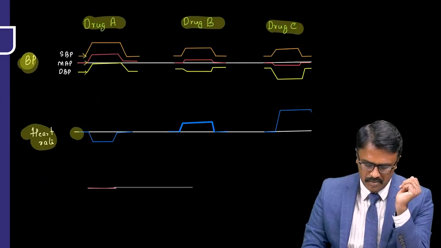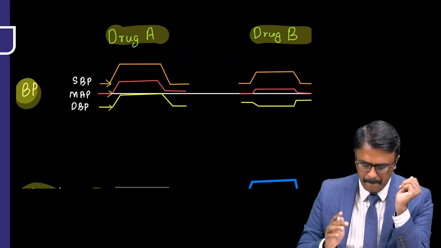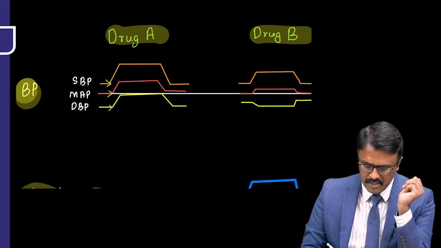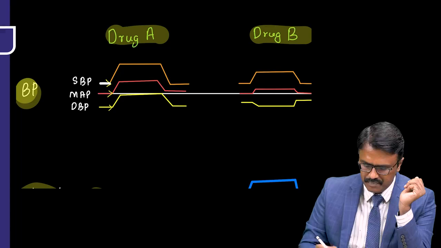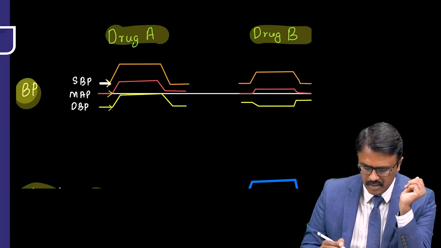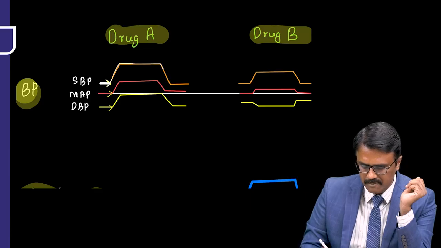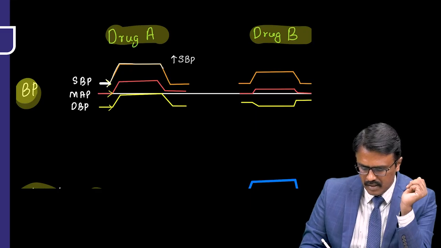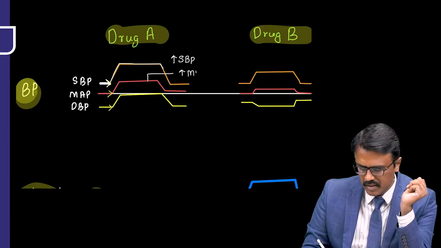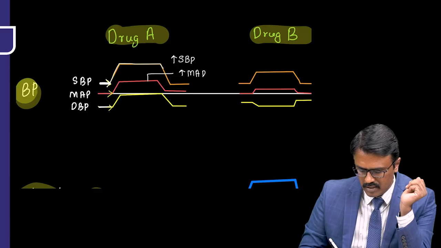Let me tell you the first one, the blood pressure here. We have given the baseline here. This is the baseline for systolic blood pressure. When we give the drug, the systolic blood pressure has increased. The drug has also increased the mean arterial pressure, and this is the diastolic blood pressure, which has also increased.